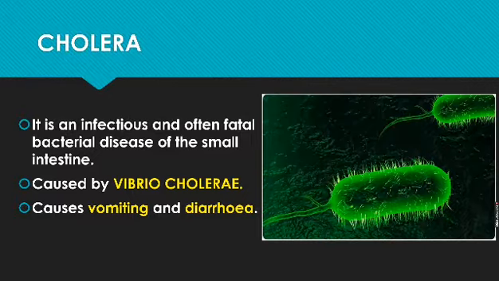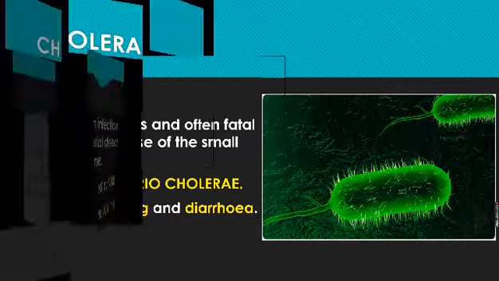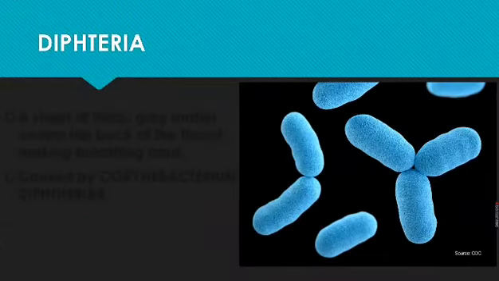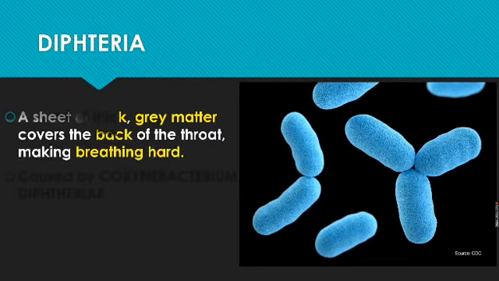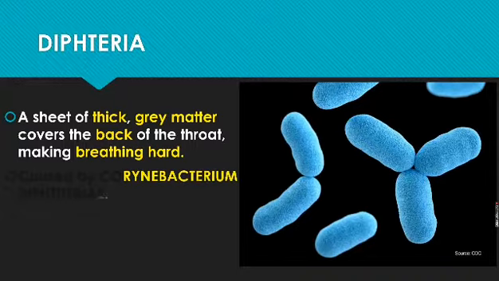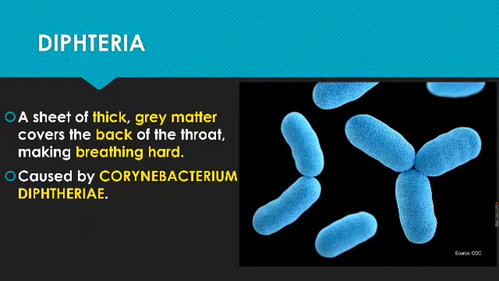Then finally, the diphtheria disease. It is a sheet of thick grey matter which covers the back of the throat, making breathing hard, and it is caused by Corynebacterium diphtheriae. And this is a picture of the bacteria.